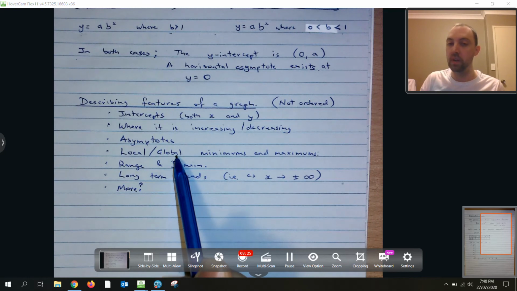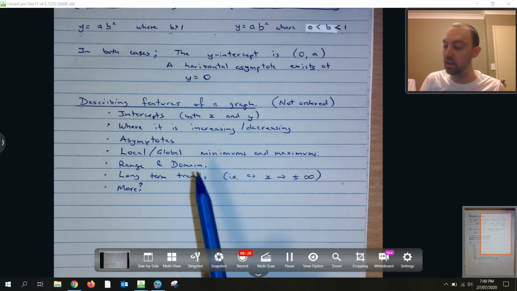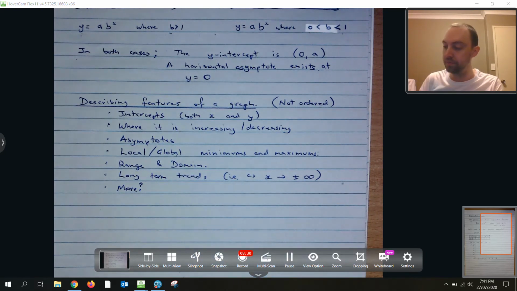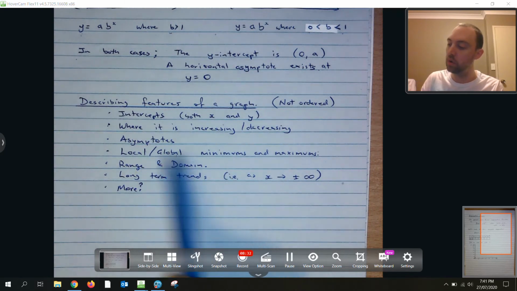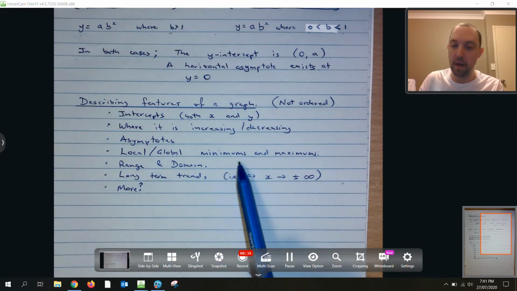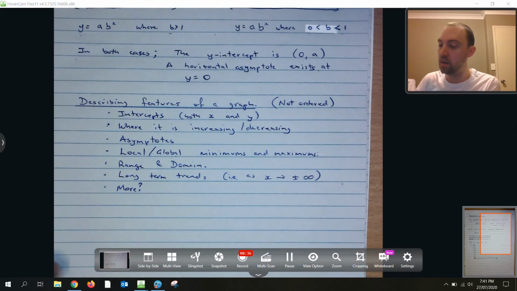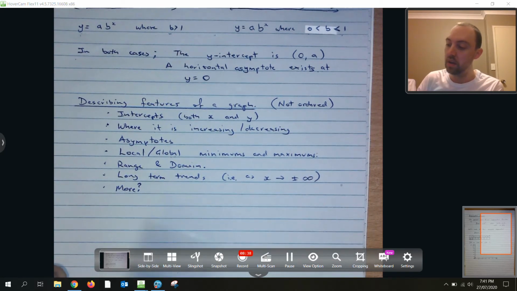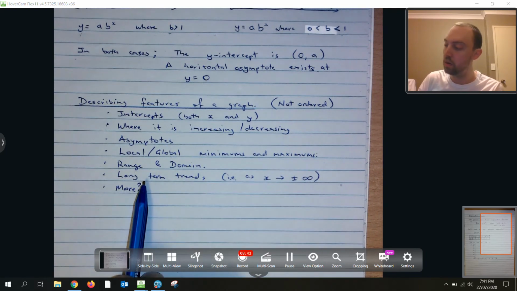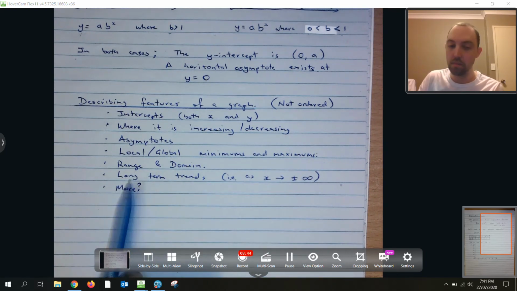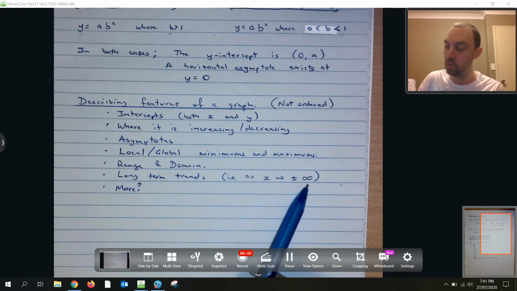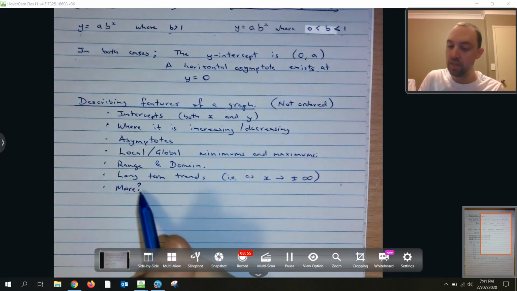Whereas global is whether it is so overall. And we can talk about local and global minimums and maximums, and it could give us a better idea of what that graph is doing. Range and domain, useful features to address. And you might also talk about long-term trends, such as when x is going to positive or negative infinity, what's happening to that function. There are others.